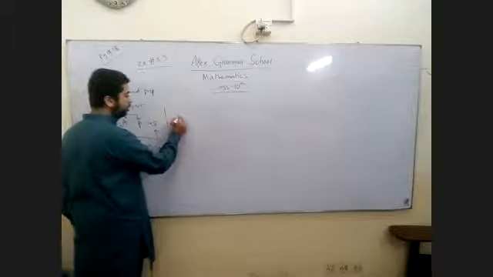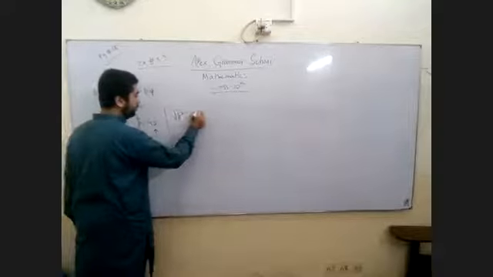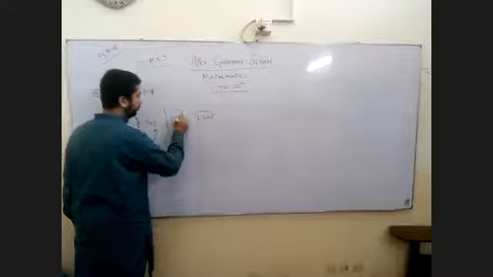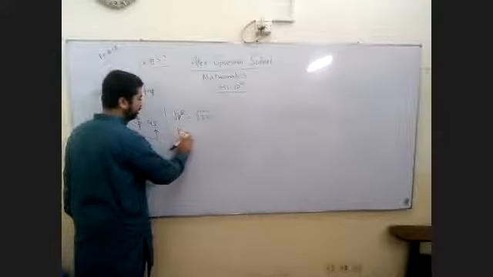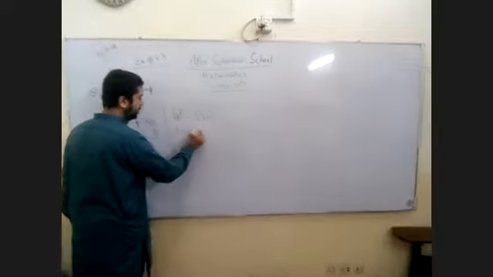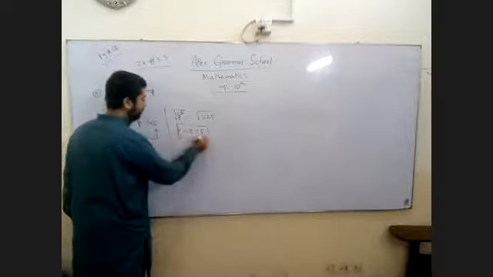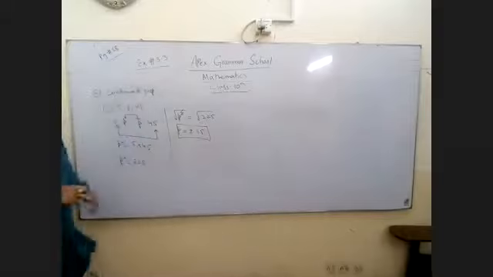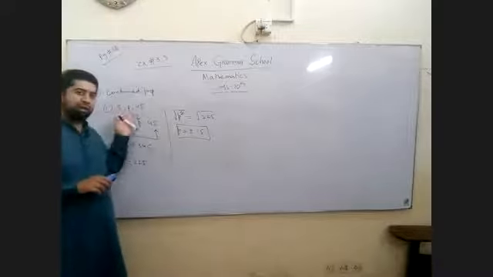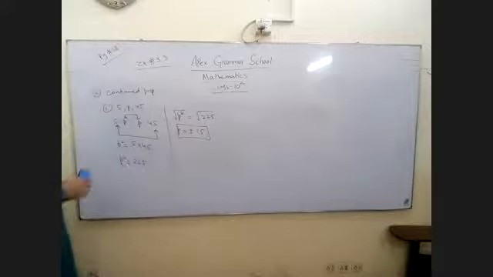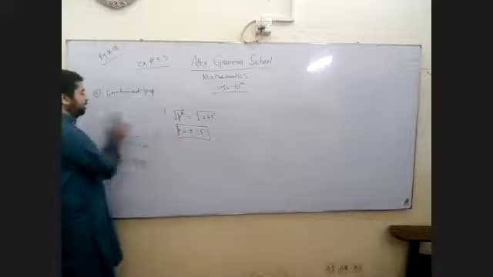Now apply square root on it: plus or minus 15. That's it. You just need to find the value of the unknown variable, make the continuation one more time, and the rest of the method is the same.